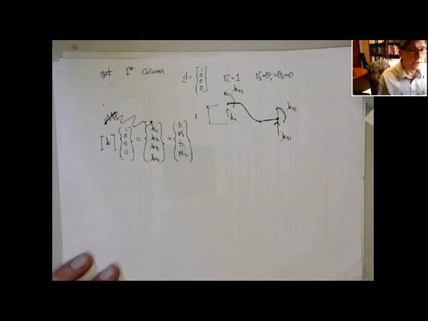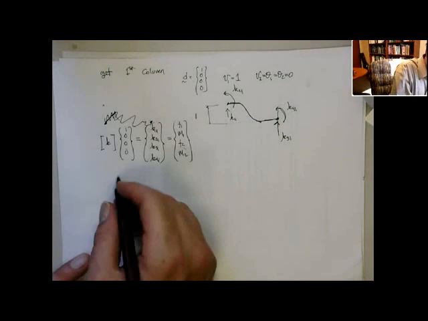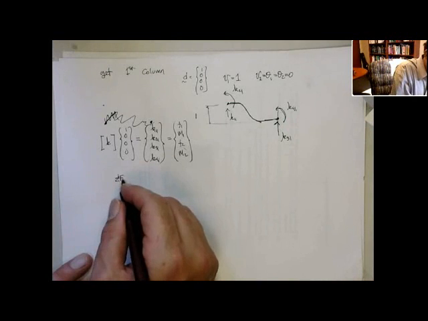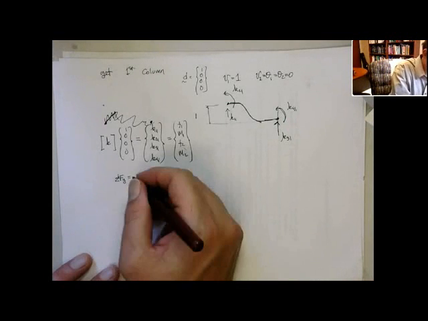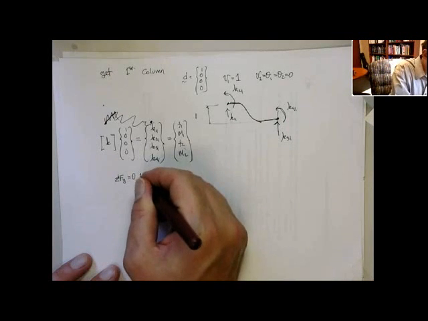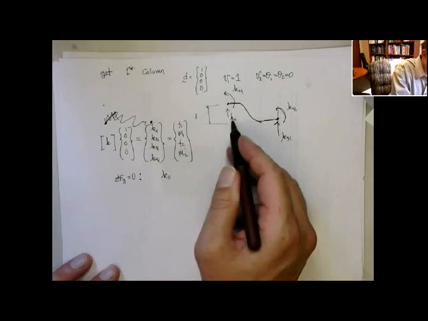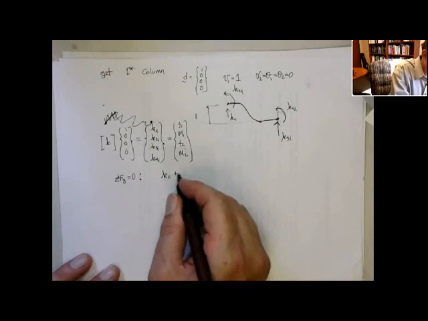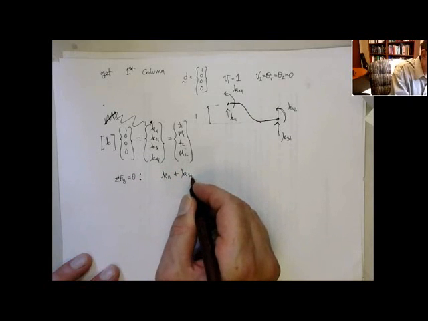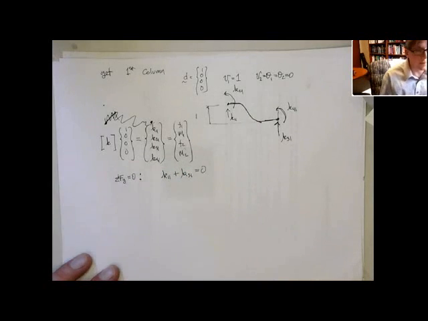And now we can do sum of forces in the y direction. They have to go to 0. So that gives me K11, I'm looking at this, the K11 force plus K31 has to equal 0.